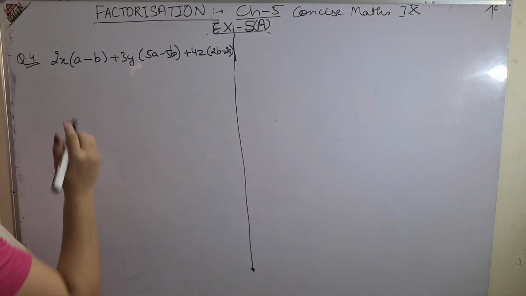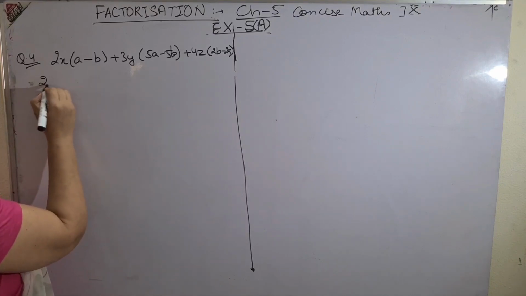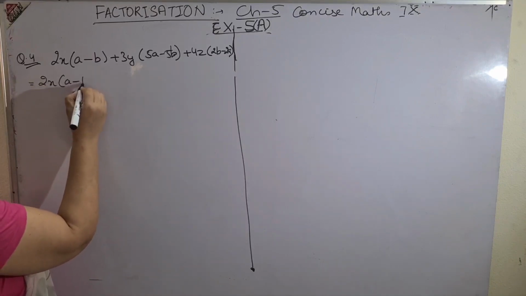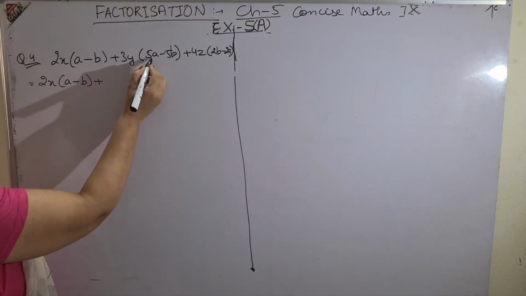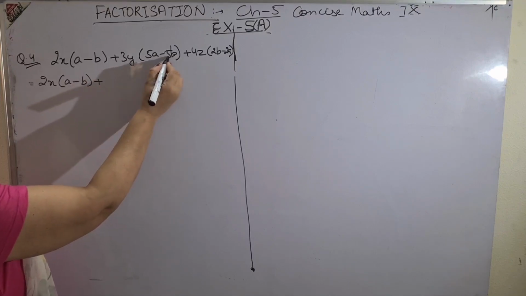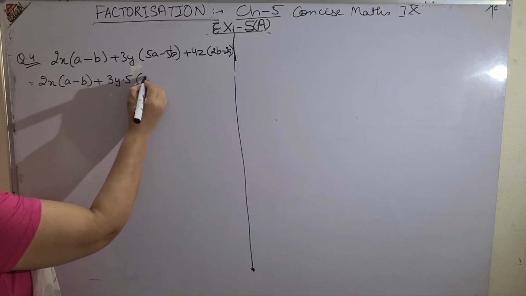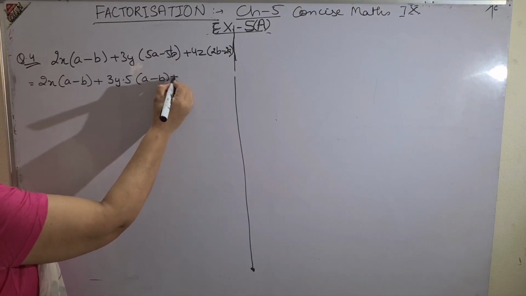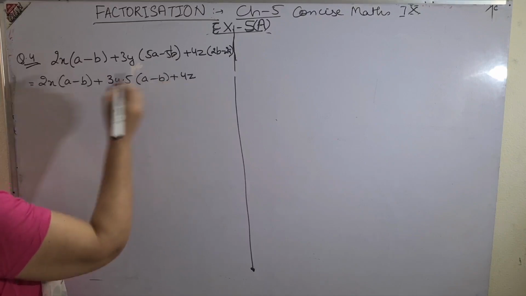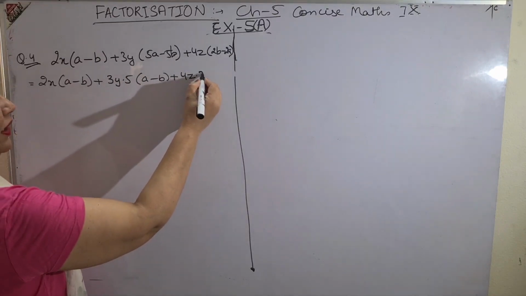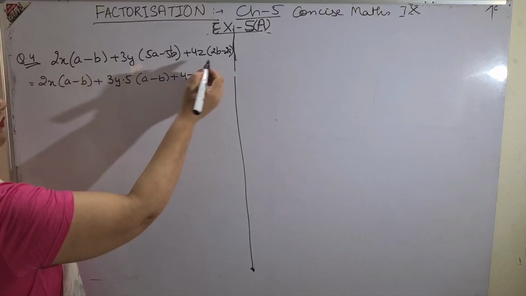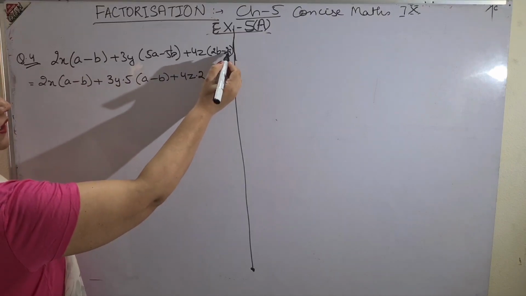So children, what to do? First thing, 2x, the factor is a minus b. If I take 5 common in the second term, it is 3y into 5, again a minus b, plus 4z. Now listen to me. I can take 2 common, but when I take 2 common, I have b minus a.